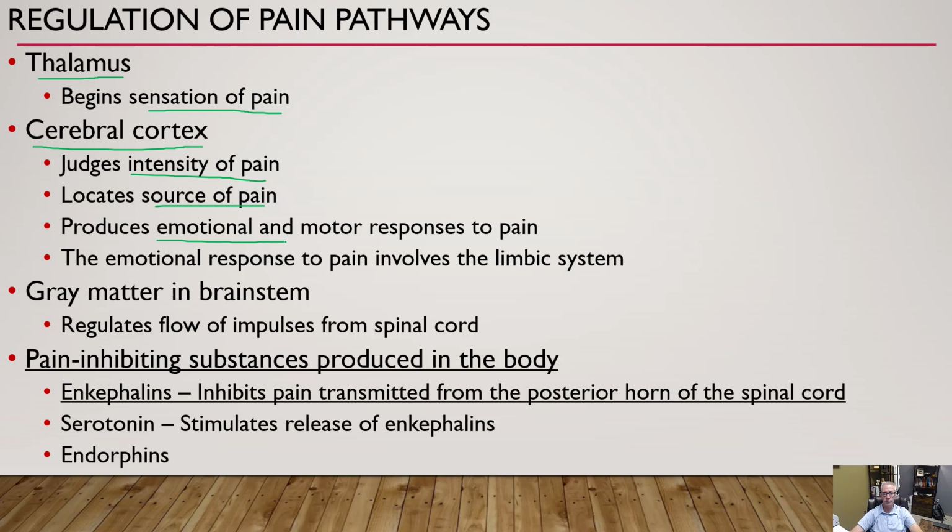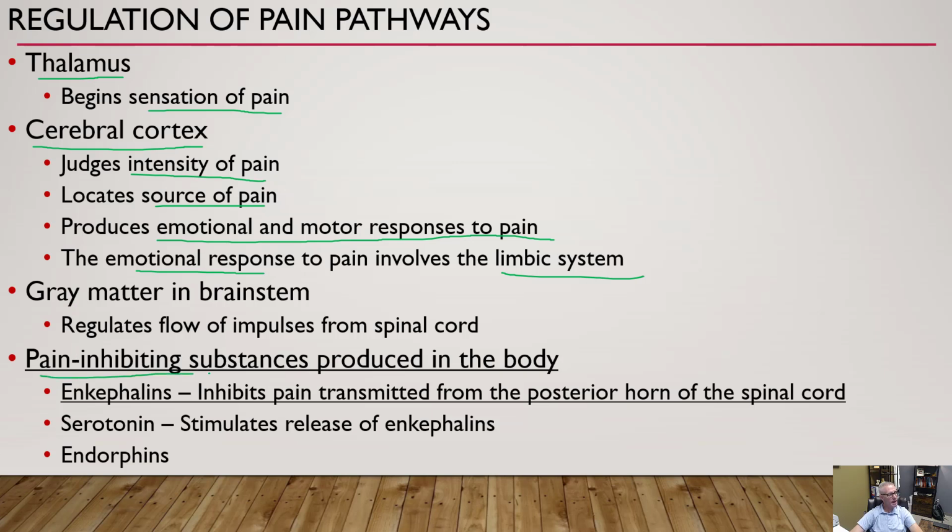That's where you're going to start cussing and yelling. It's going to provide the motor response to the pain. You're going to start jumping up and down. And then that emotional response is going to be because of the limbic system. Remember, the limbic system does a lot of our emotional processing.